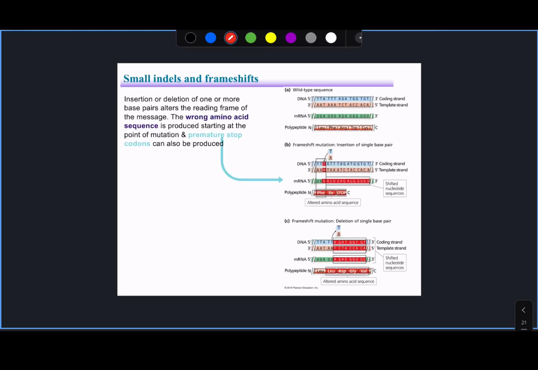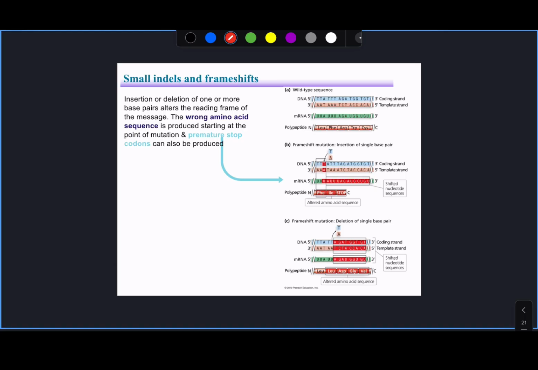Another common consequence of these frame shifts is the creation of a premature stop codon. So when you're shifting the reading frame in an mRNA molecule, those codons had the letters that they needed to have because they had been evolutionarily selected to have those combinations of letters because they coded for certain amino acids. Now, when you shift the reading frame, it's almost like you're rolling the dice on these codons, right?